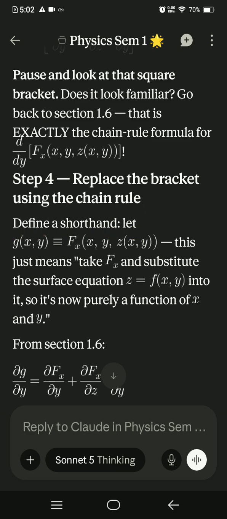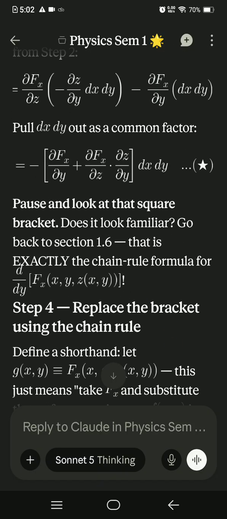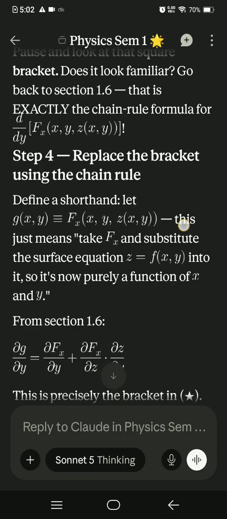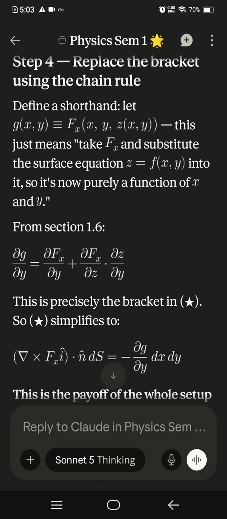Define a shorthand. Let g(x,y) equal fx(x, y, z(x,y)). This just means take fx and substitute the surface equation z(x,y) into it, so it's now purely a function of x and y.